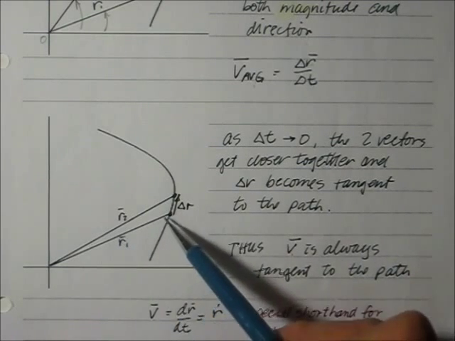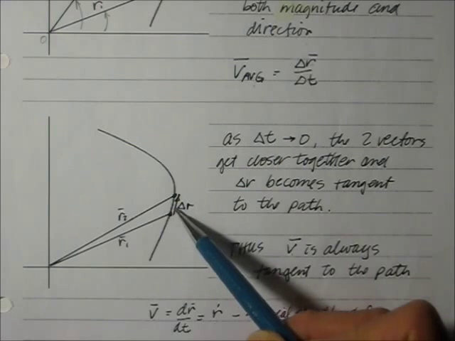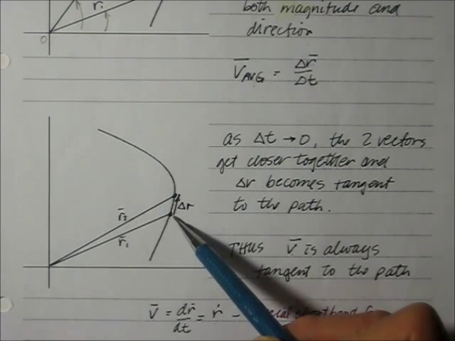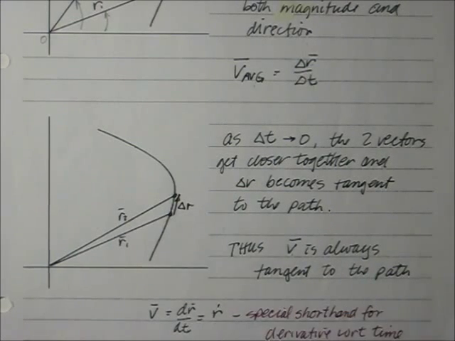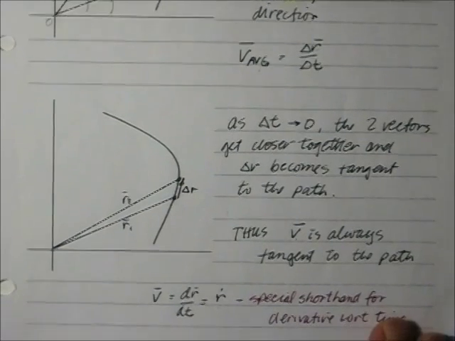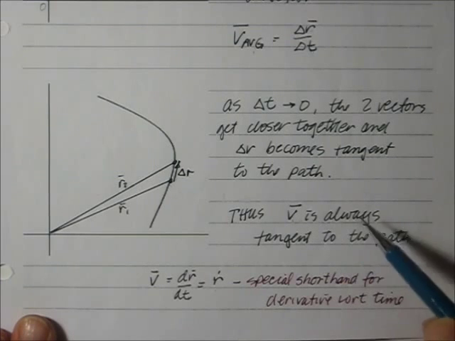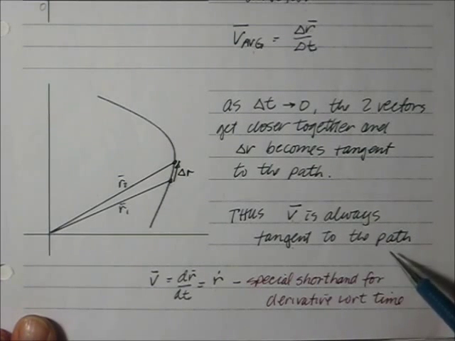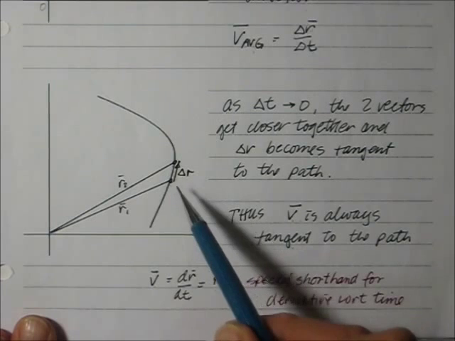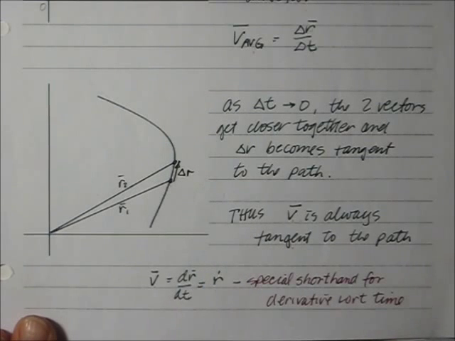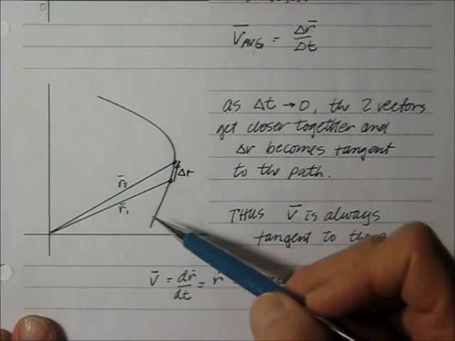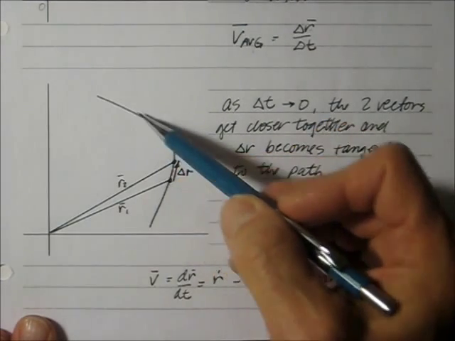And indeed, as delta t goes to 0, delta r is exactly tangent to the path. So that's the takeaway from this little piece: the velocity is always tangent to the path. There is never a component that is normal or perpendicular to the path for velocity. Velocity is always exactly tangent to the path.